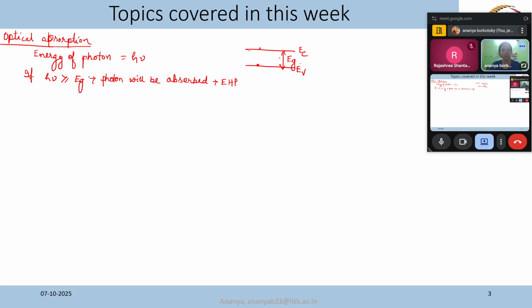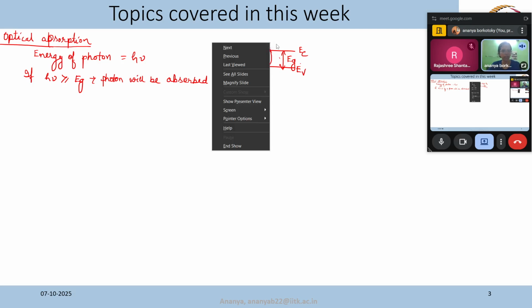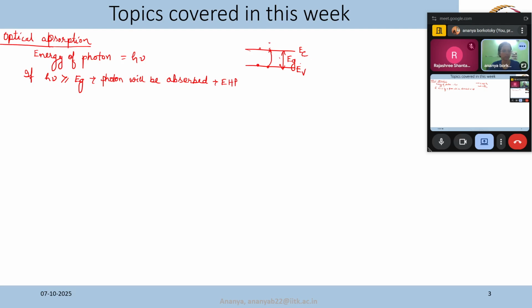If h nu is larger than EG, maybe an electron from deeper in the valence band will go to the conduction band. So the electron will move to the conduction band and reach a slightly higher energy than the conduction band edge.